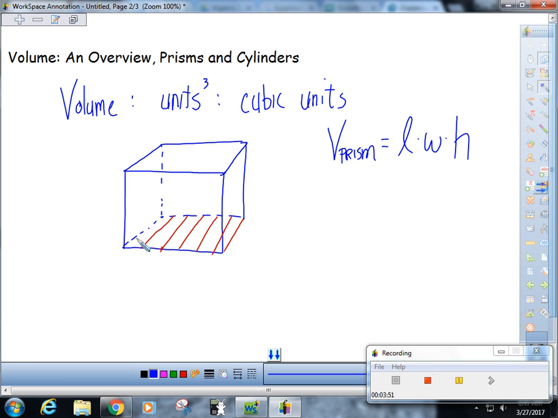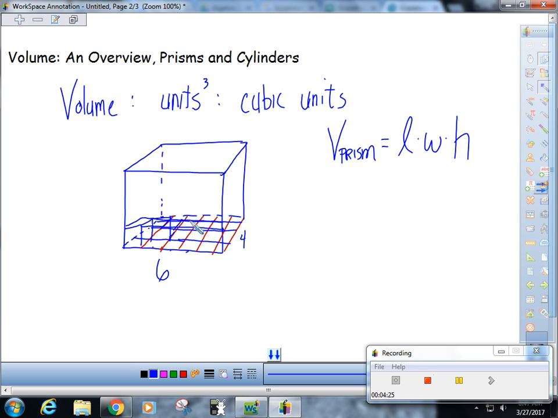And then let's say this would be 4 by 6. Okay? So if you think about it, there's one. There's another one. I'm just trying to fill these in, but it's going to be hard to see.